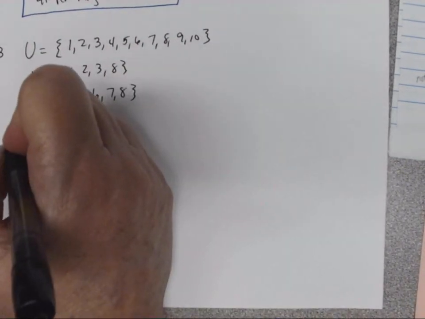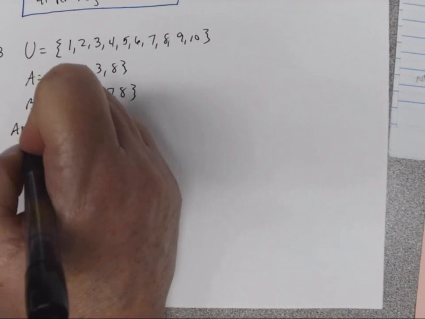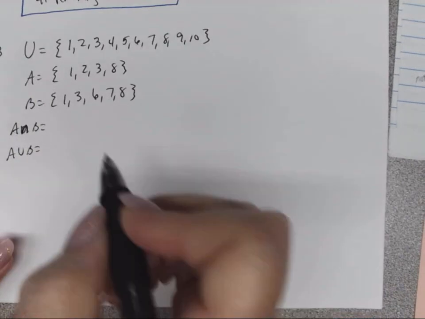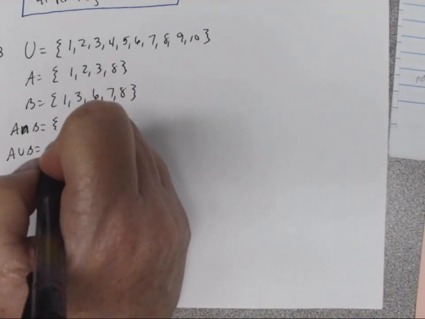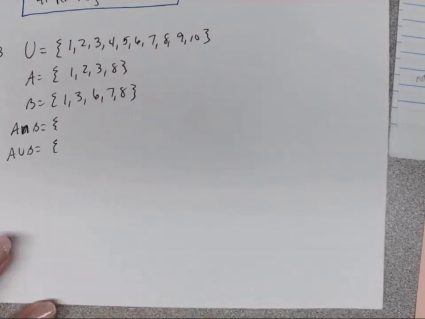We need to find the intersection, and we need to find the union. So what do they have in common, and what do they have all together?